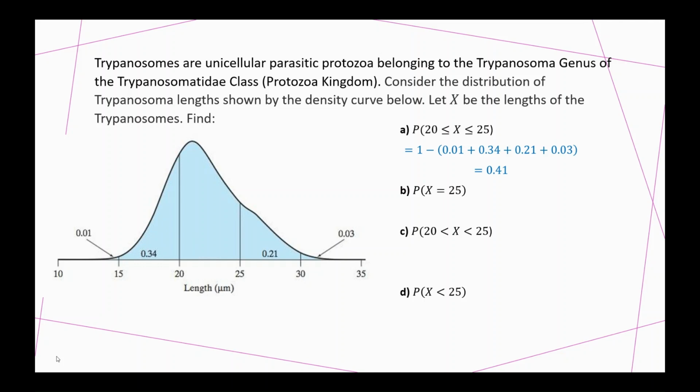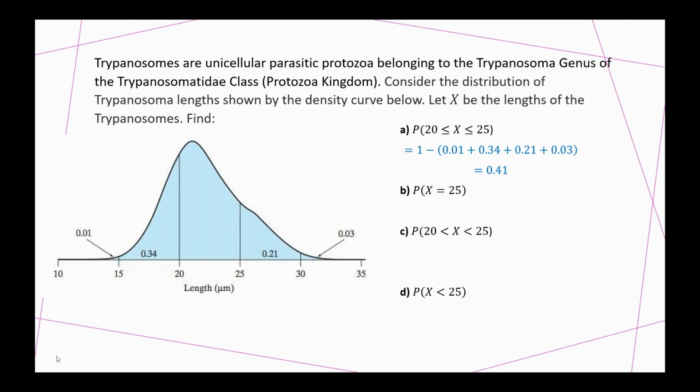For one, it tells us that the area under the curve from 25 to 30 is 0.21 units. And it also means that about 21% of this type of protozoa have lengths between 25 and 30 micrometers.